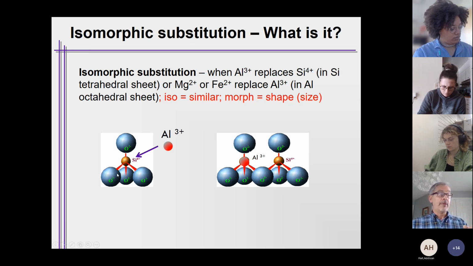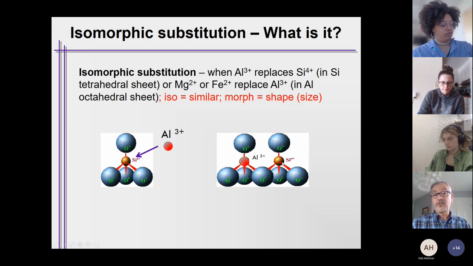But basically, when you start with what you see on the left-hand side, this initial starting point has no charge. There's no charge on it. All the positive charges are satisfied by the negative charges from oxygen. And then these oxygen atoms are shared by other, initially silicon atoms. This structure has no charge.